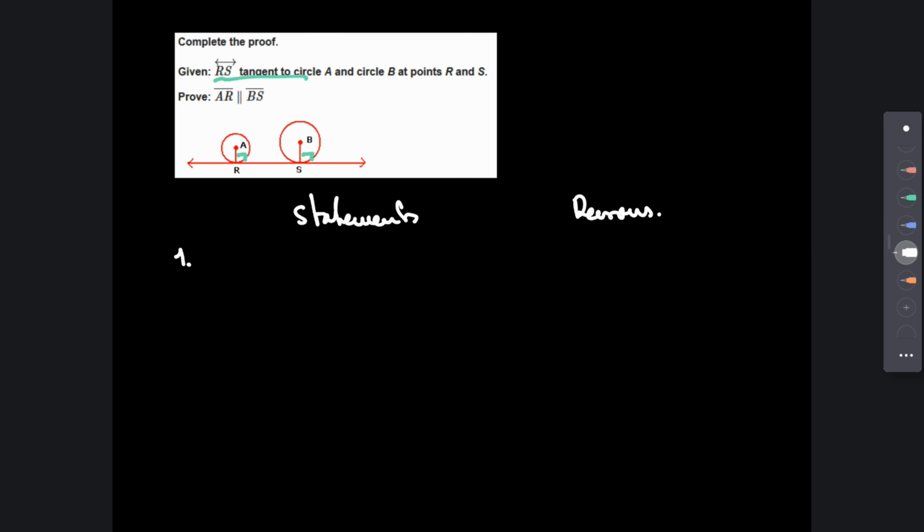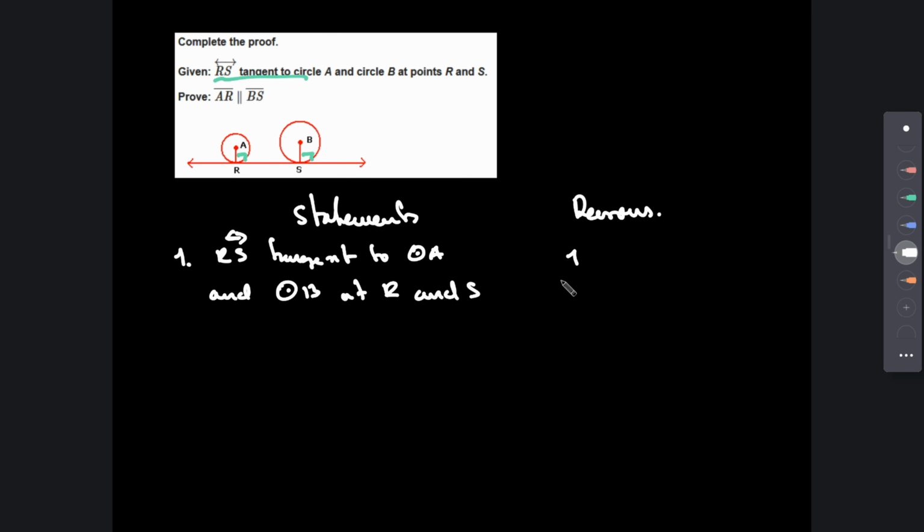So the first statement is the given. RS is tangent to circle A and circle B at R and S. This is our given, right?